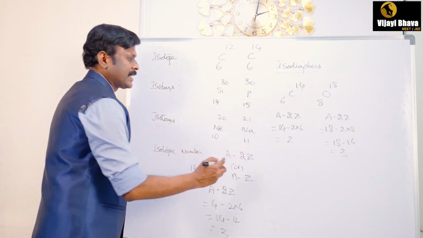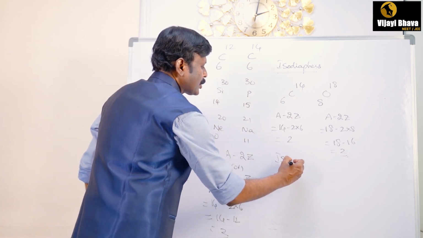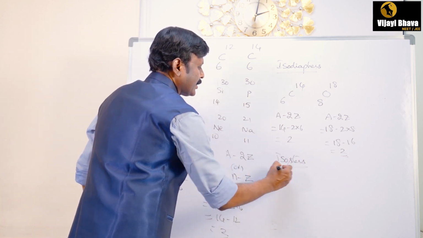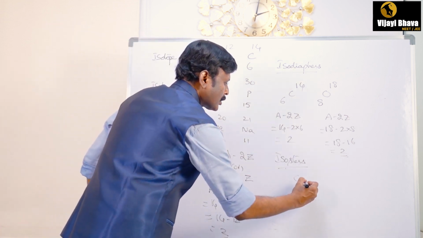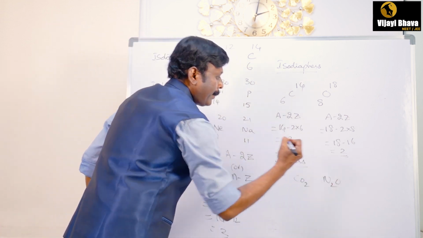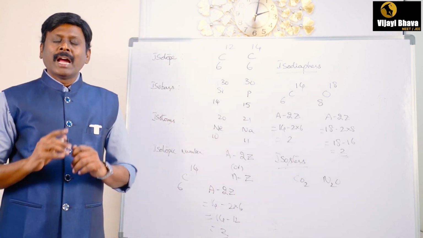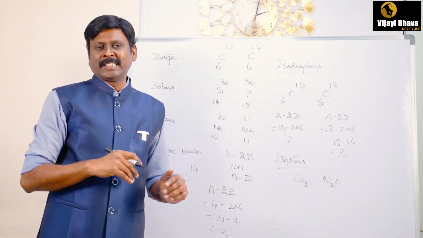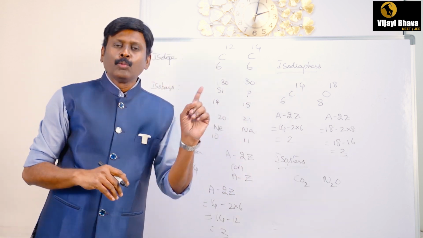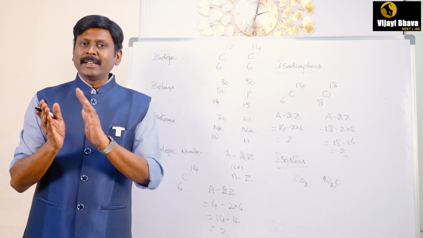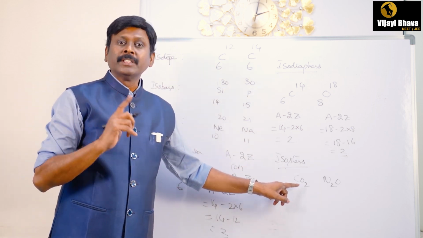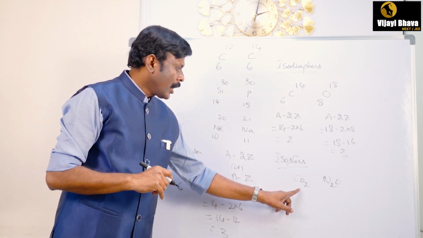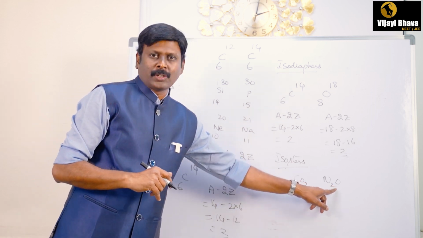Moving on to the last section in this, isosters. Isosters are the compounds with the same number of atoms and the same number of electrons in them. The example for this is carbon dioxide and nitrous oxide.